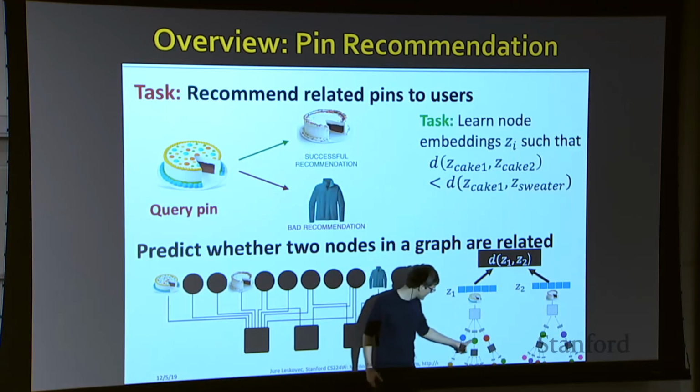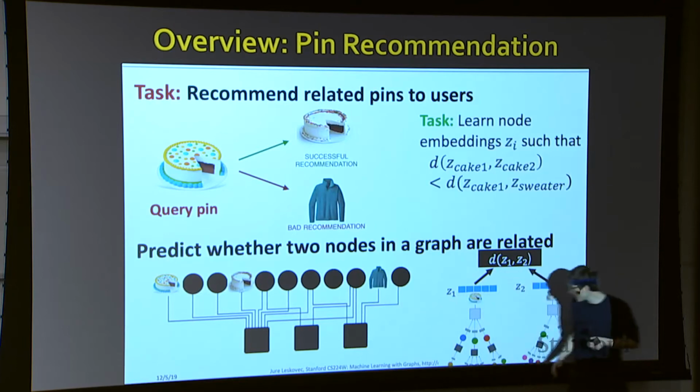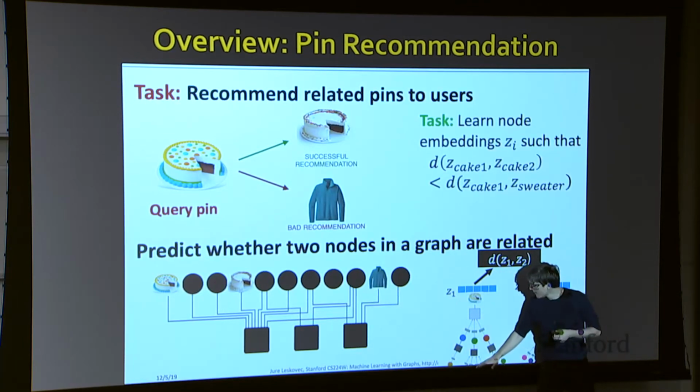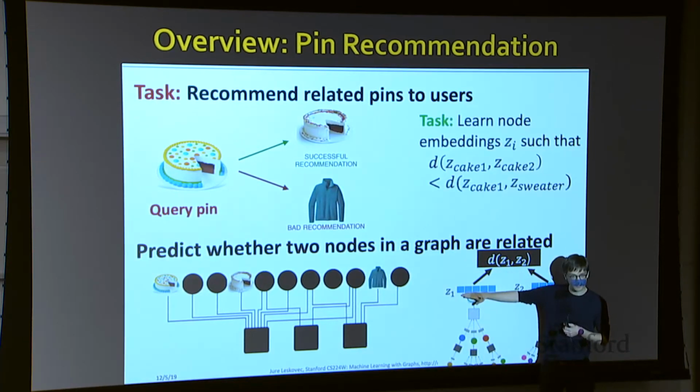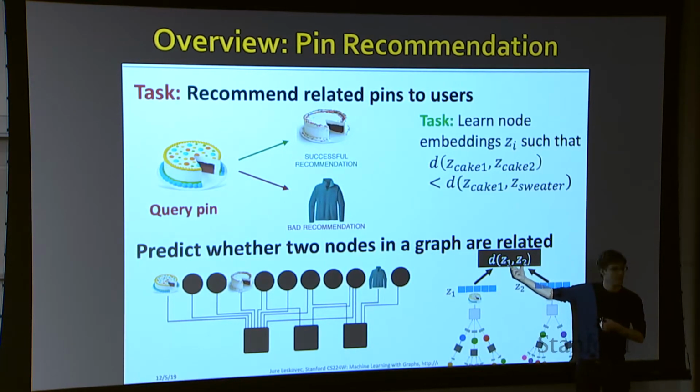So now every circle here is a pin in this graph, so that basically what we are doing is to say, let's create an embedding for cake number 1, let's create an embedding for cake number 2, so that the distance, let's say, will be small.